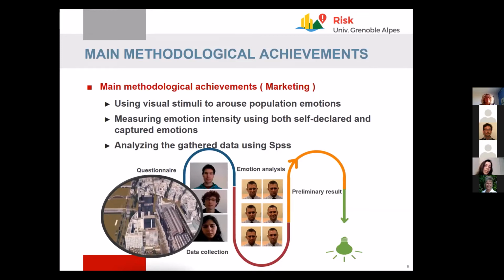And then the forecasters were the people who were first exposed to an image of a flood, and we asked them to express their feelings in their questionnaire, and after that they could watch the video.